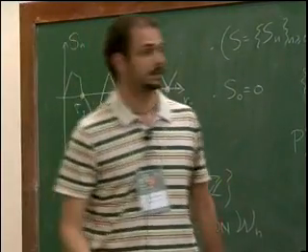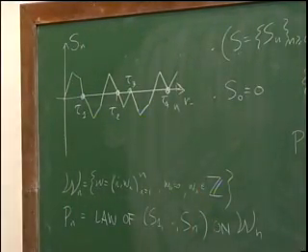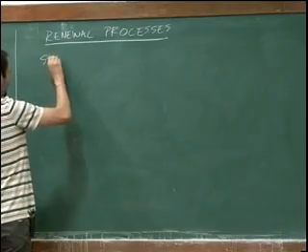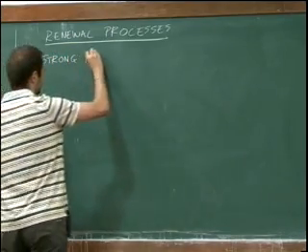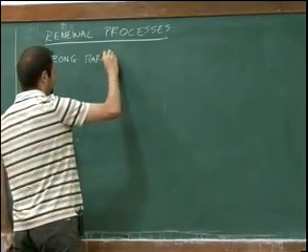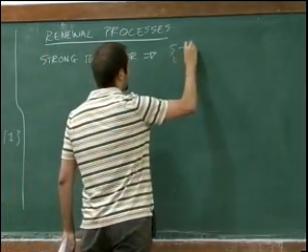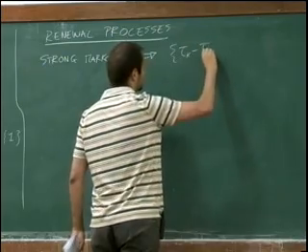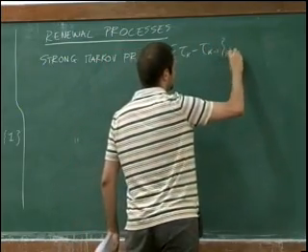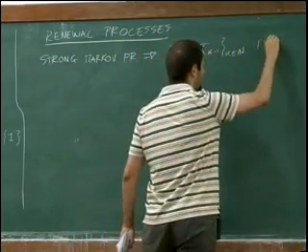And this you can generalize. So the strong Markov property of S implies that the sequence tau k minus tau k minus 1 is IID.